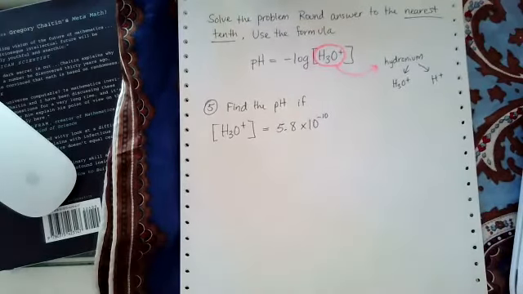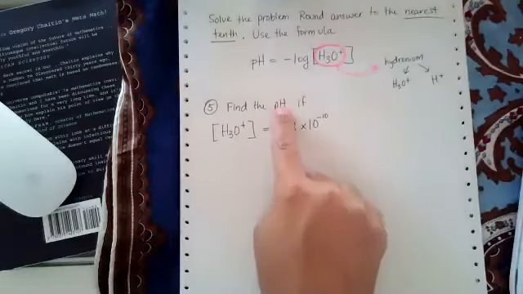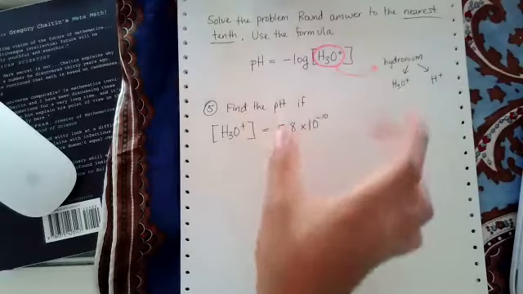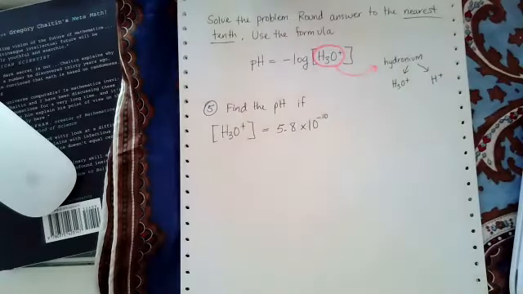I want you to think about that for a moment and try to see what we have to do to solve this problem, to find the pH. Let's open it up as a discussion. How do you think we go about finding the pH if we've been given this formula and this value for hydronium?